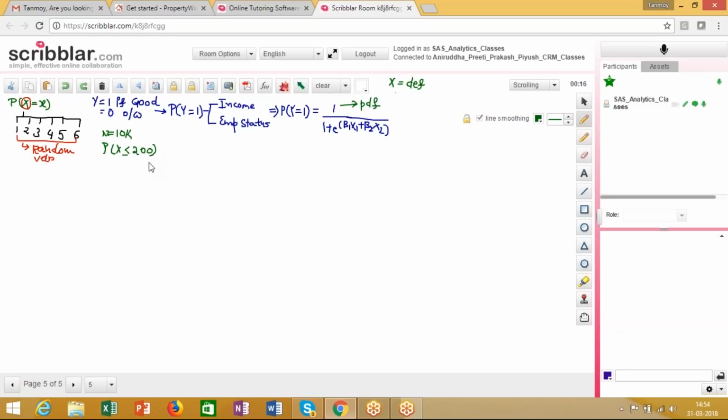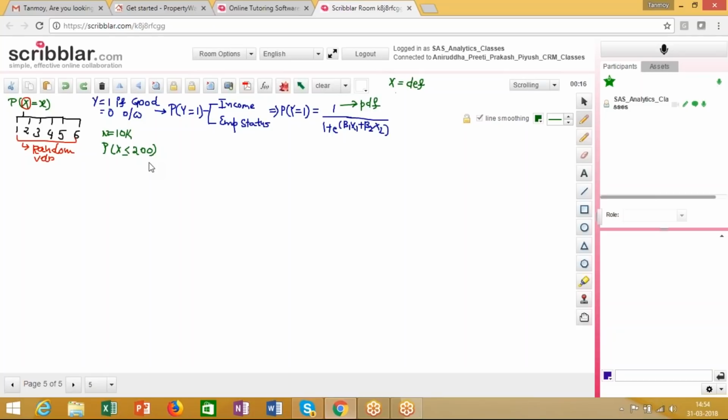This shows the number of defaults that the bank is expecting. So what is the probability of x being less than or equal to 200? That is what I'm trying to estimate.